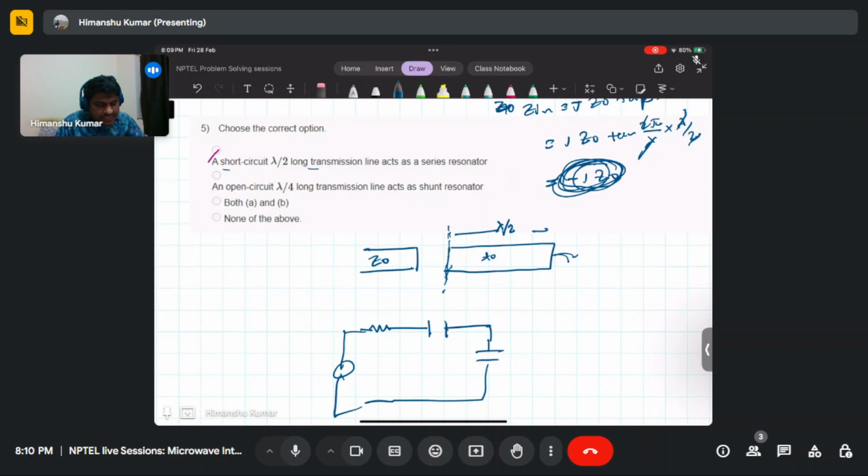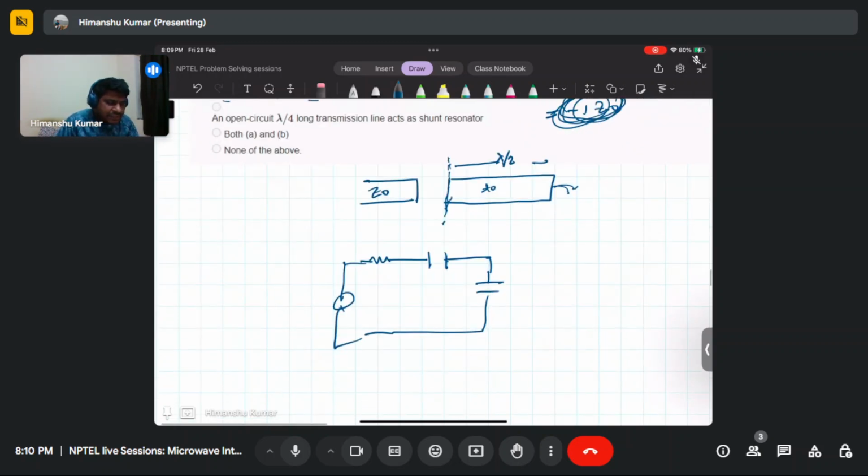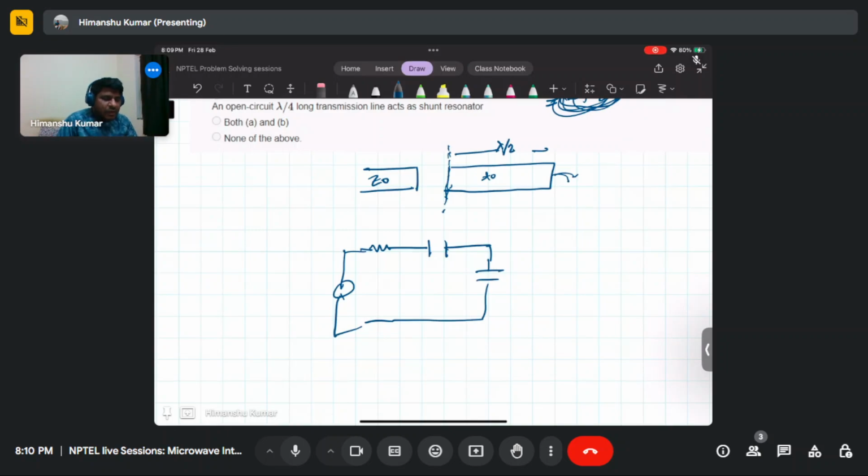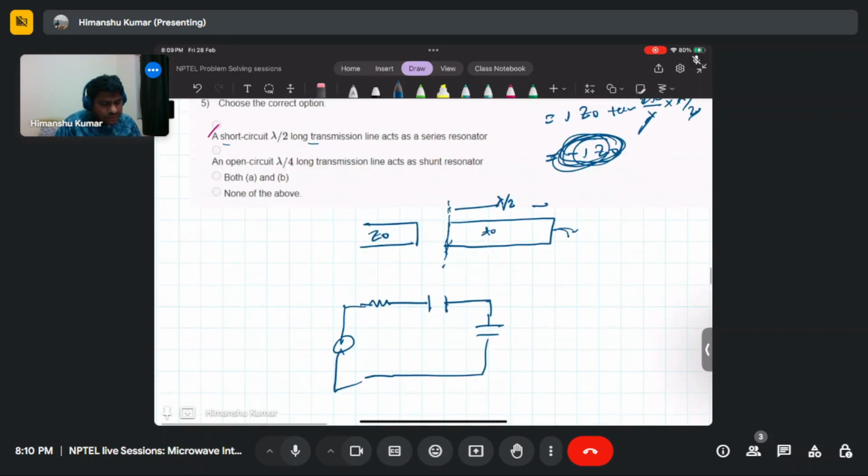If you short circuit the line and connect it in series, basically it can behave as a line.